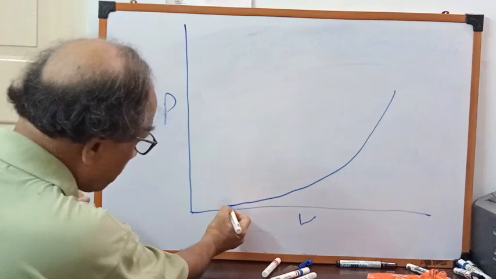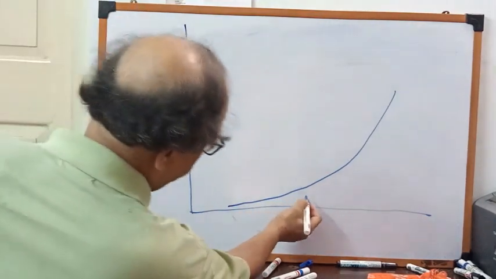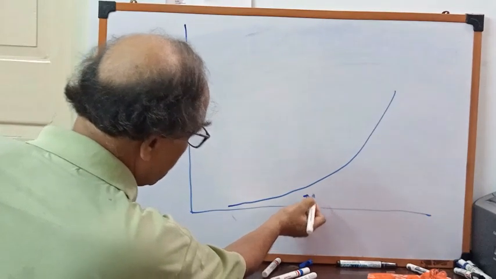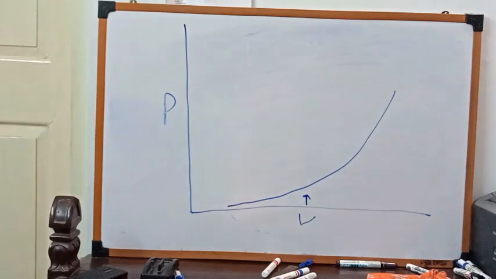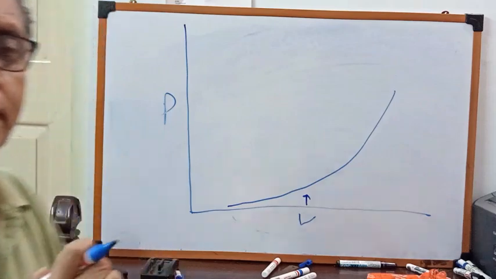So as this ventricular filling is going on gradually, at a particular point, suppose here, the impulse arrived to the ventricle.